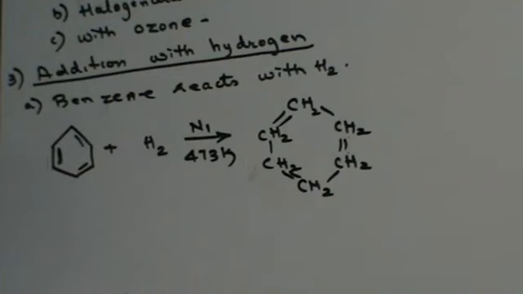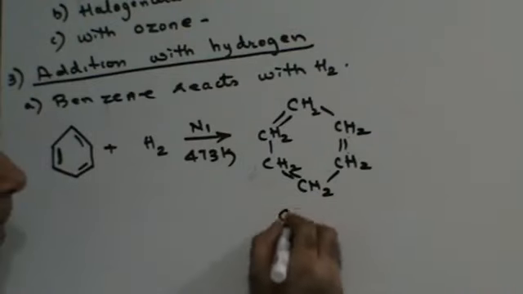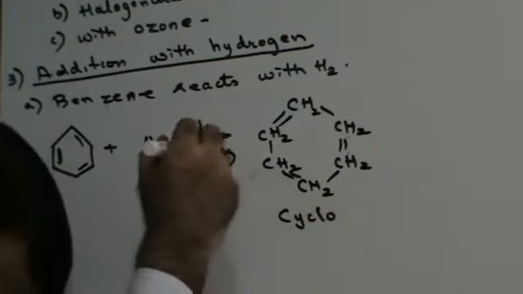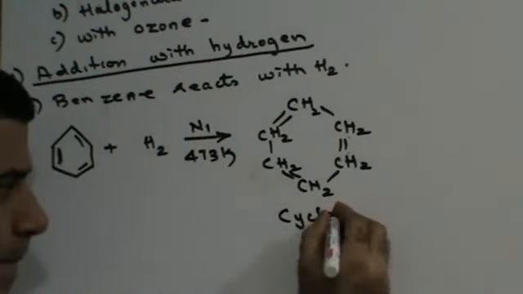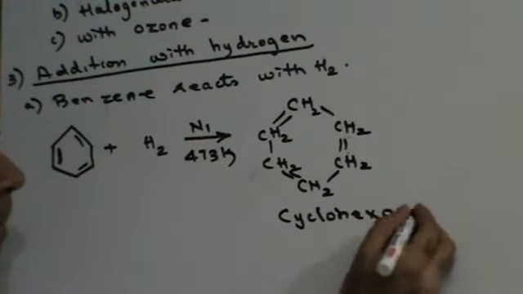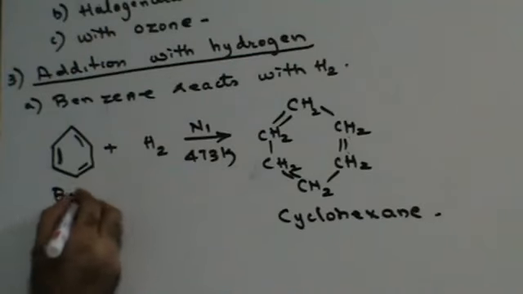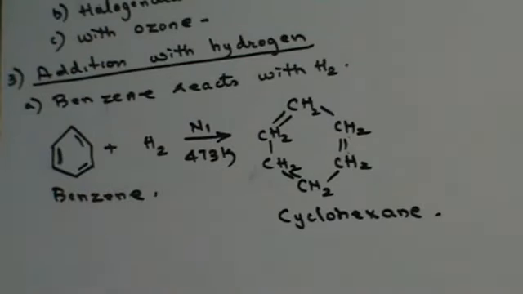This is called cyclohexane. So benzene reacts with hydrogen in the presence of nickel at 473 Kelvin to give you cyclohexane. So that's my addition reaction with hydrogen.